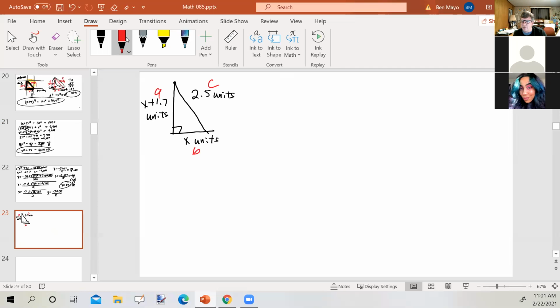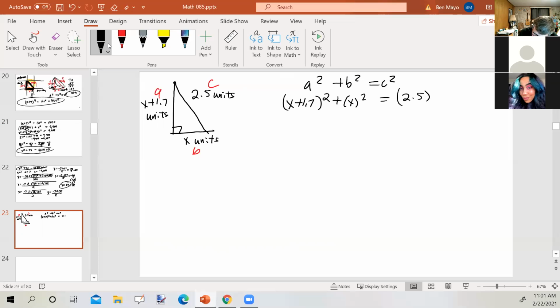It doesn't matter which leg we call A and which leg we call B. So using the fact that A² + B² = C², we've got (x + 1.7)² + x² = 2.5². Any questions?